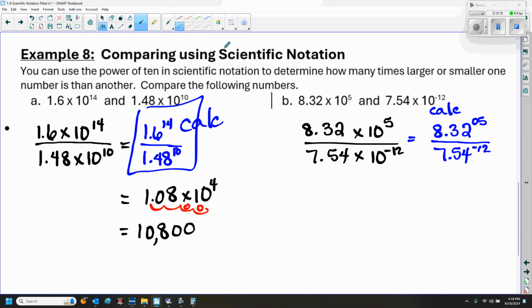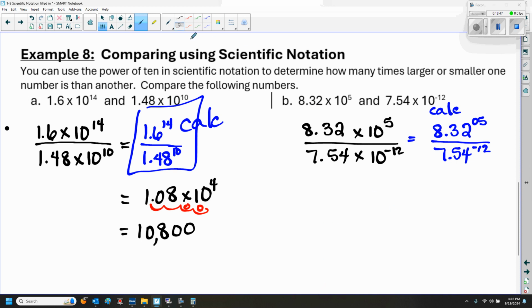So now when you type it in the calculator, you're going to type in 8.32, and then the EXP button, and then 5, divided by 7.54, EXP button, 12, and we want this to be negative, so don't forget to press the negative button, and then equals.